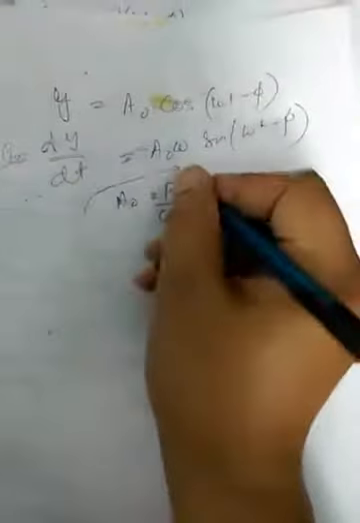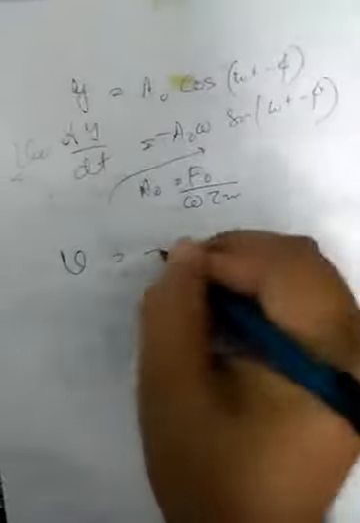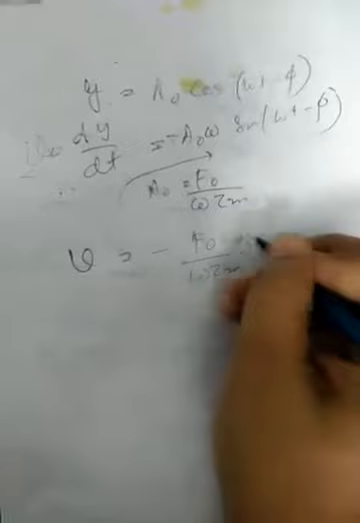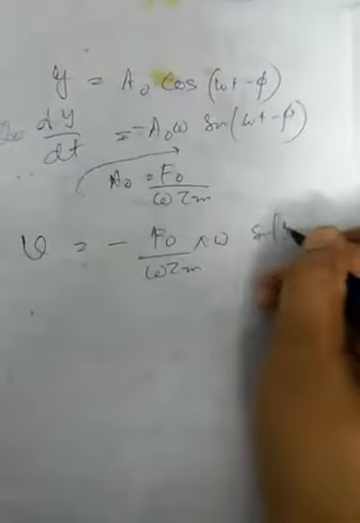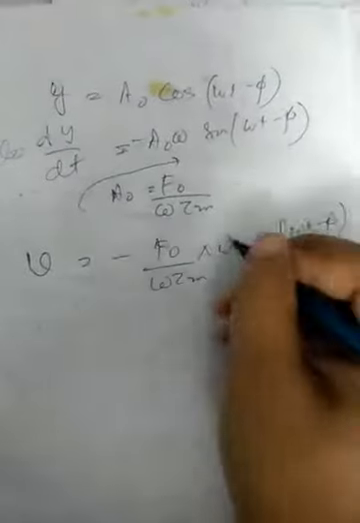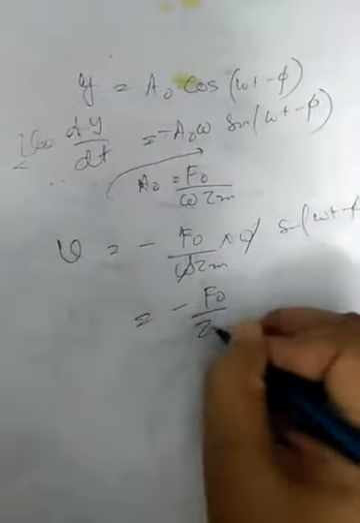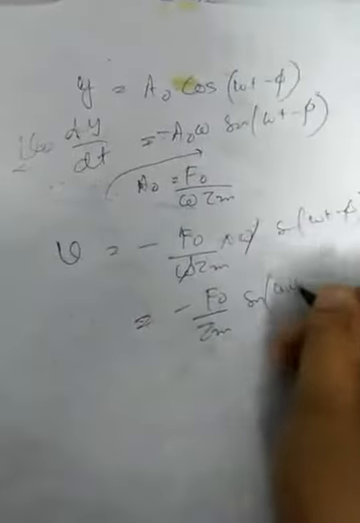So you can put that value here. So velocity is equal to minus f naught by omega Zm into omega sine of omega t minus phi. This omega will get cancelled. So that is minus f naught by Zm into sine of omega t minus phi. So this value comes out.